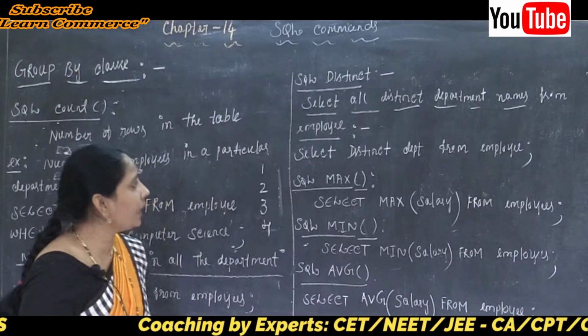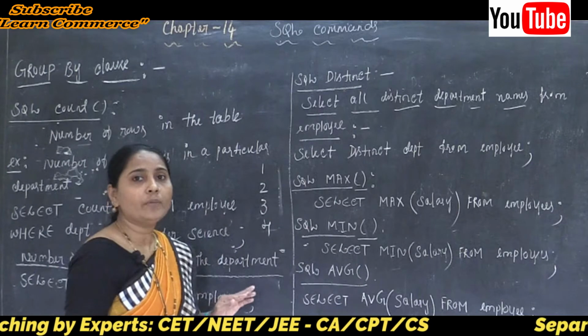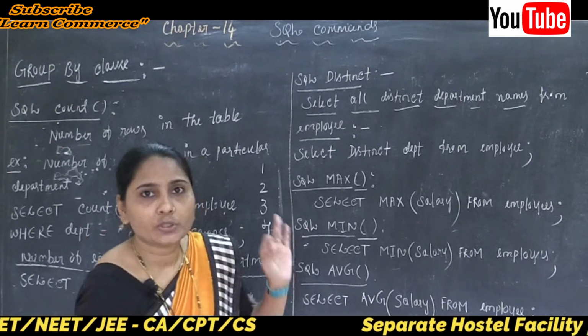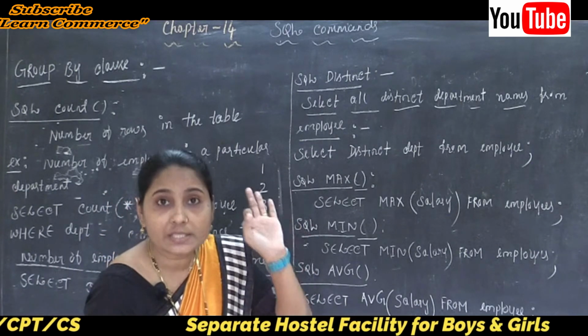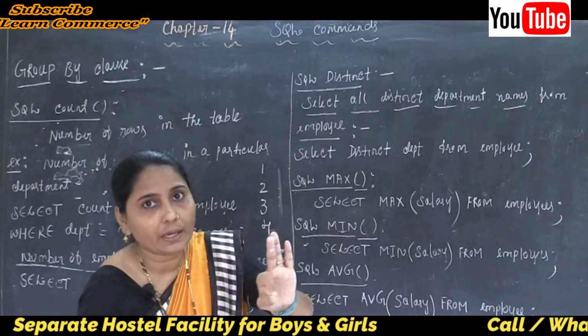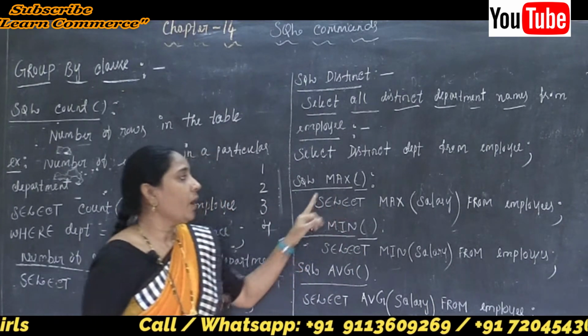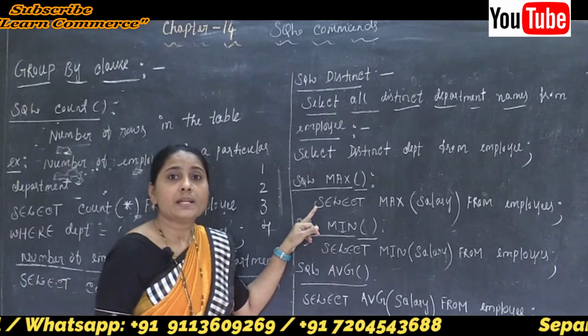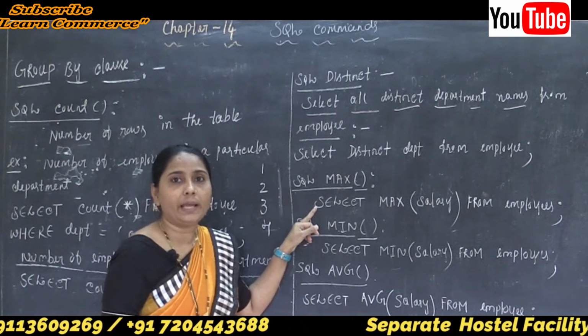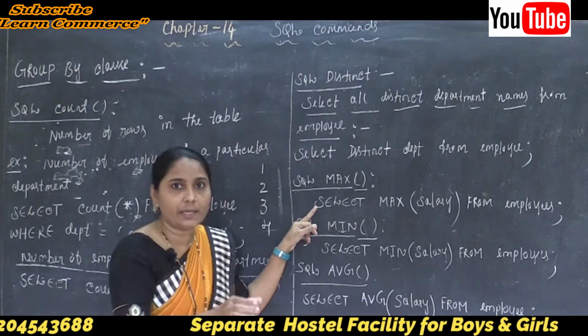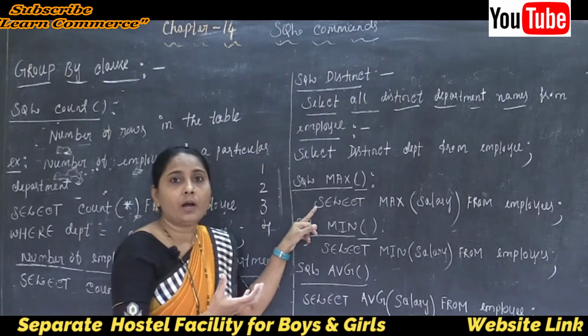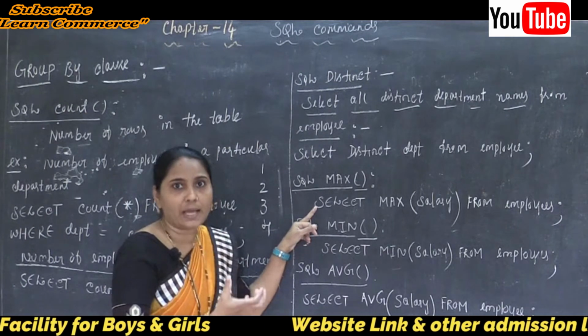So we can say the SQL max. Why do we use the SQL max? This function is used just to return the maximum value from a column, or to get the maximum salary drawn by an employee. Maybe in our salary column I want to check who gets the maximum salary.